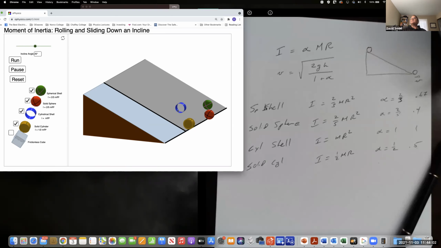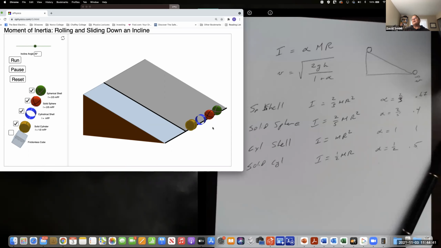Now at some time later where they've all hit the bottom, and let's pretend they're not stopped and still rolling along, they all have the same kinetic energy. But now that it's had a chance to get that extra potential energy into rotational kinetic energy, this will still be moving with a slower velocity. It'll have a lower translational kinetic energy, but a higher rotational kinetic energy.